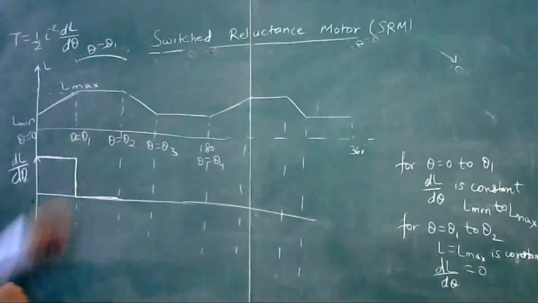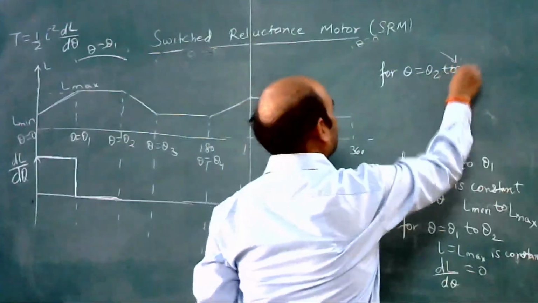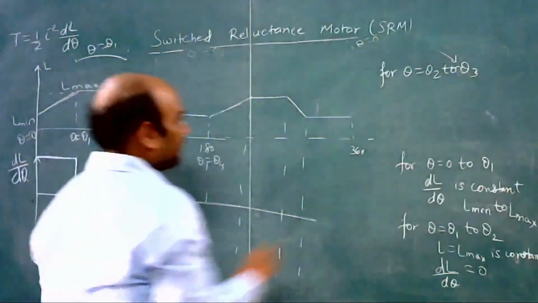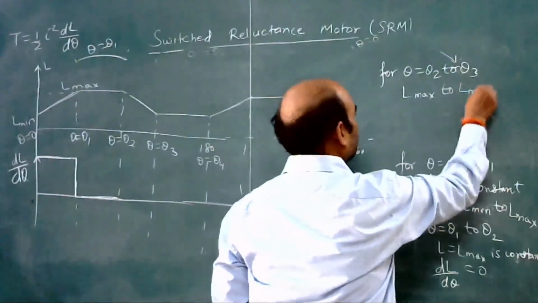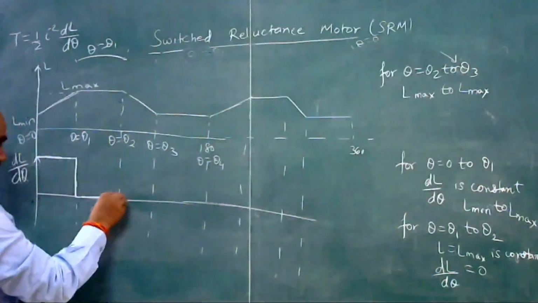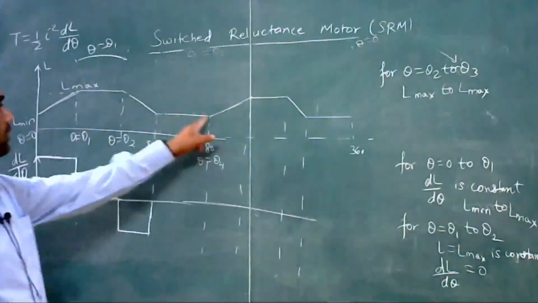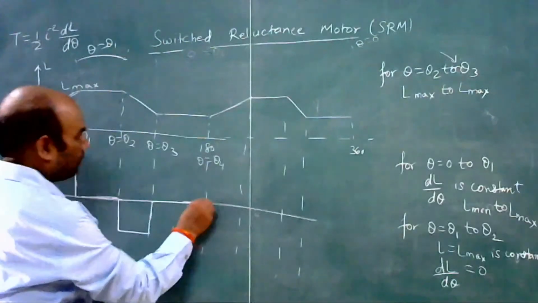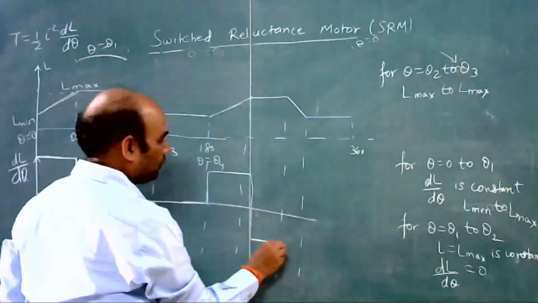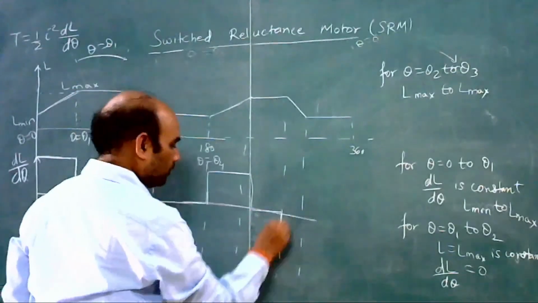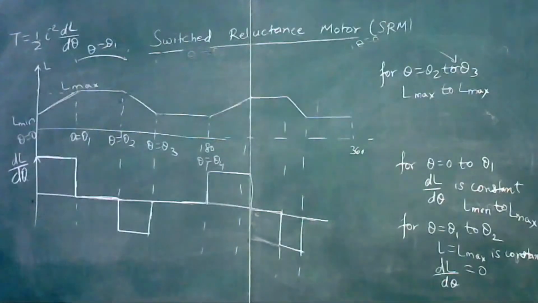Now from theta 2 to theta 3, L is decreasing from L max to L minimum, so this will go in the negative direction. Then again it is constant, so this will be 0. So this will be the wave shape of dL.